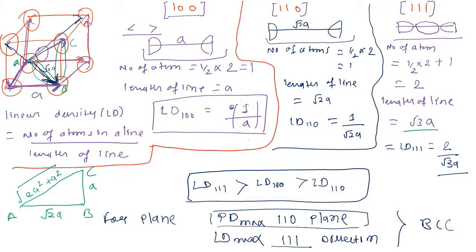In BCC, slip can occur in the 110, 112 and 123 planes, and there is one closest packed direction, which is 111. We will meet in the next lecture, where we will discuss the slip systems of FCC material. Thank you.